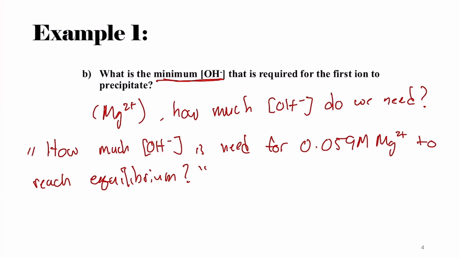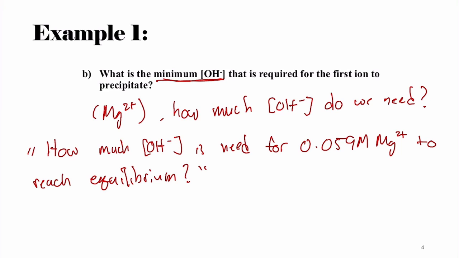Whenever the question is asking what's the minimum amount, or sometimes they'll ask in another way, what's the maximum amount of this we can add, what's the minimum amount that's required for the first ion to precipitate, that's saying how much OH minus do I need to reach equilibrium? And if you're given KSP and the amount of magnesium, then all you have to do is solve for OH minus.